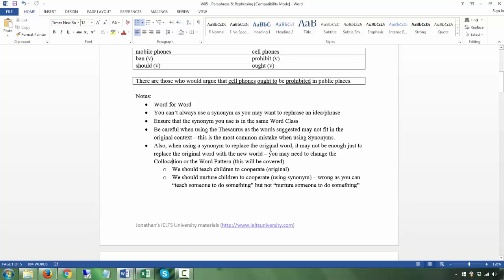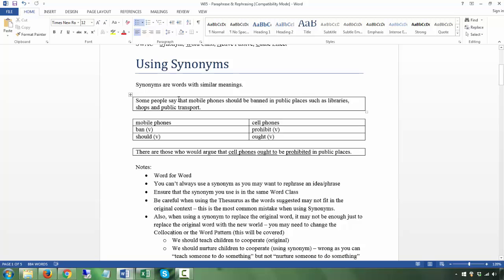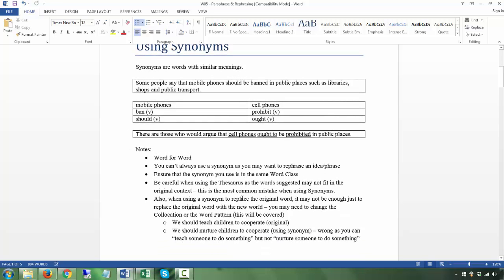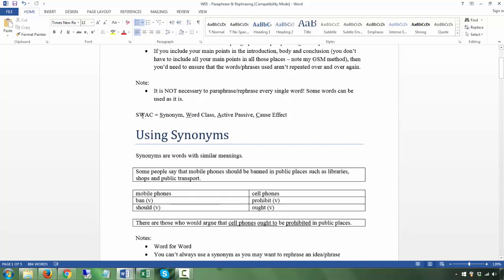Okay, language is a bit more difficult than just doing this. So you face a number of challenges when using synonyms: the context, understanding that the synonym may be used in a different way in terms of the word patterns and in terms of the collocations. Okay, so that is for using synonyms.